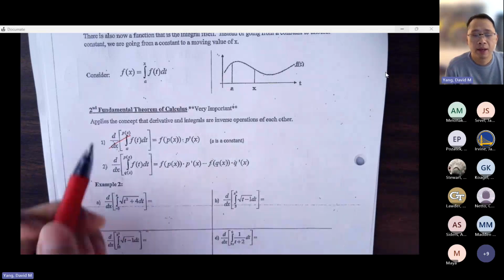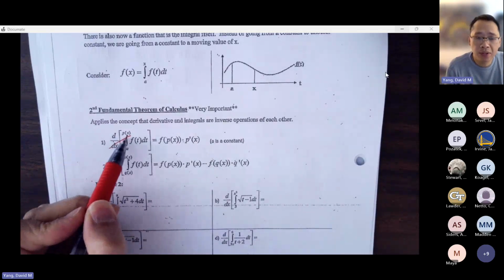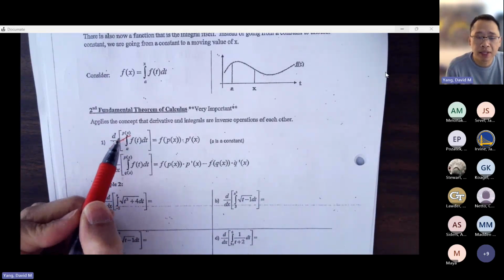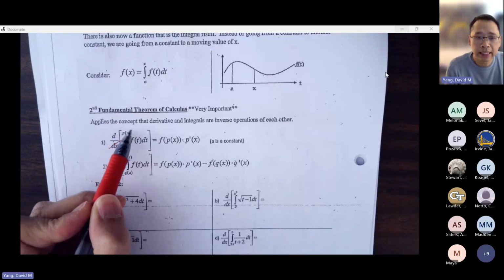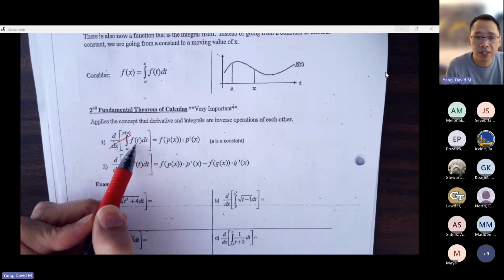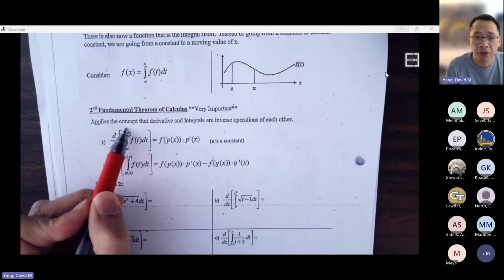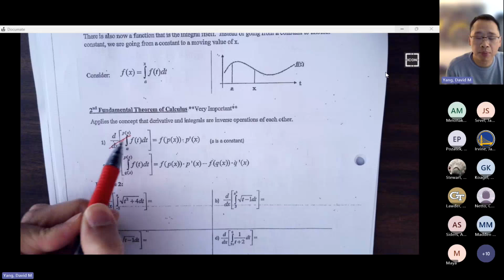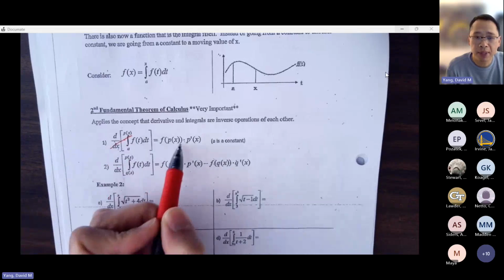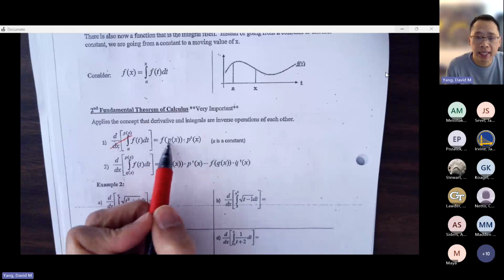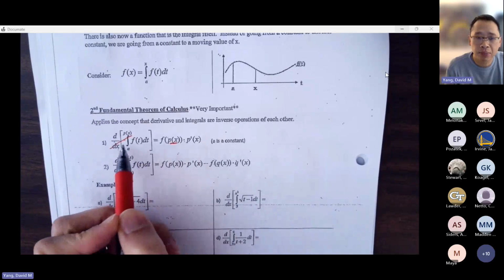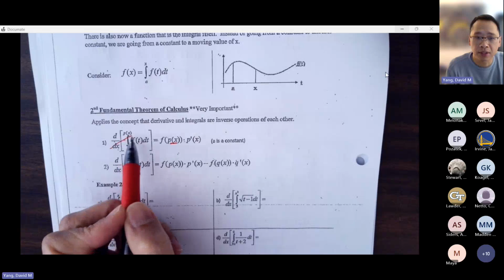Now, even though these operations cancel out, there is going to be some residual impact from the upper bound. This function is not going to change much, but the upper bound is going to feel the impact of these two operations being applied. The upper bound is going to get inserted into the function. That's the effect of the integral here.